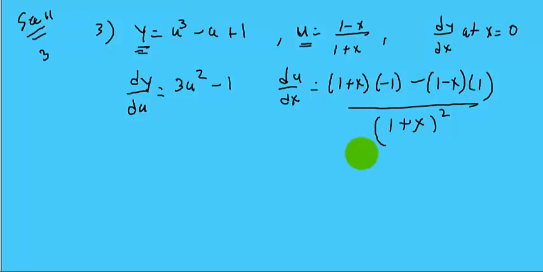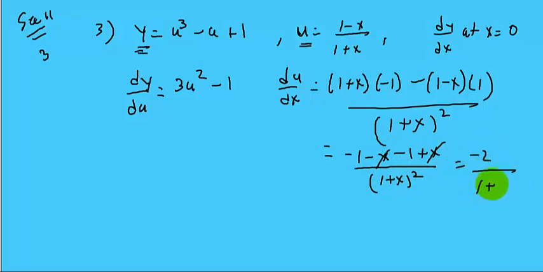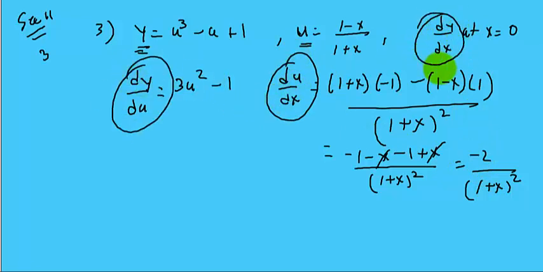Clean it up. Algebra. Be careful. Negative 1 minus x, minus 1 plus x, all that over 1 plus x, quantity squared. The x's cancel, negative 2 over 1 plus x, quantity squared. This is du dx, and the other is dy du. They want me to find dy dx.